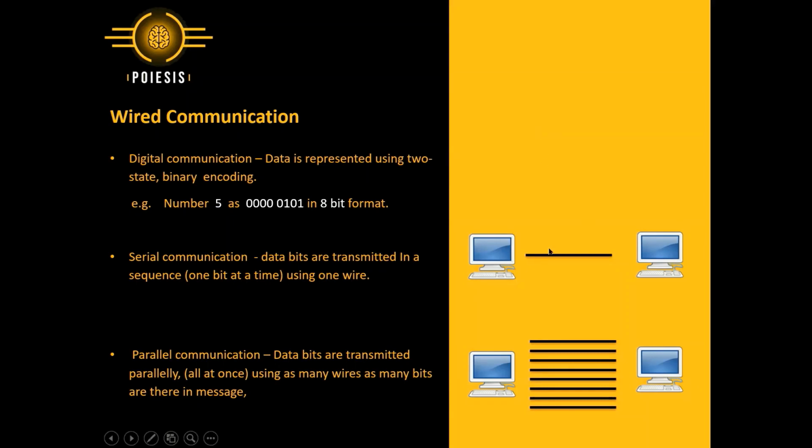When we compare these two types of communication, parallel communication, though it offers better speed, suffers from interbit synchronization issues and interwire interference issues.